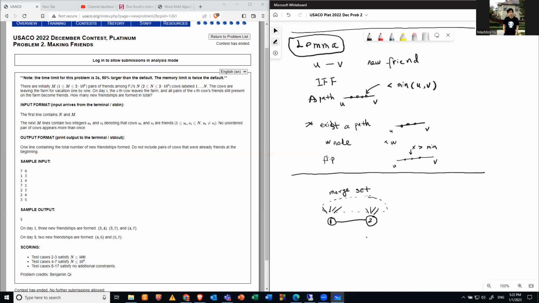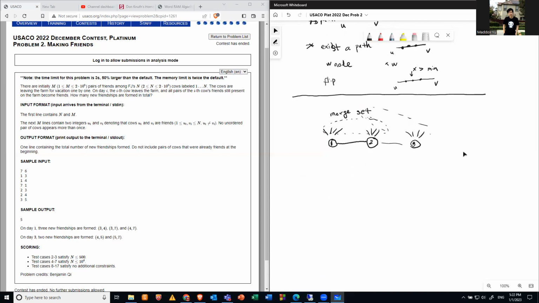Then you get, for example, another node 3. You can do the same thing, right? You can merge the set. Essentially, for the adjacent nodes, you start from small to large, and you're trying to merge sets, and you count.